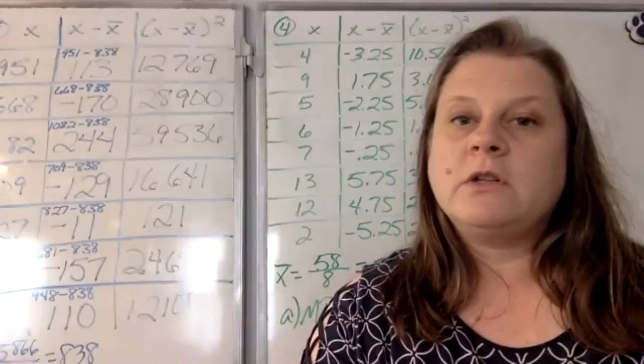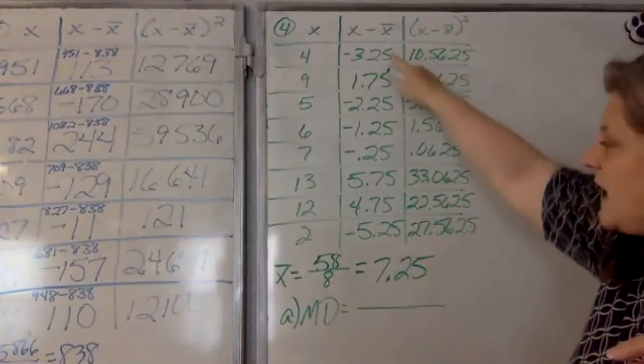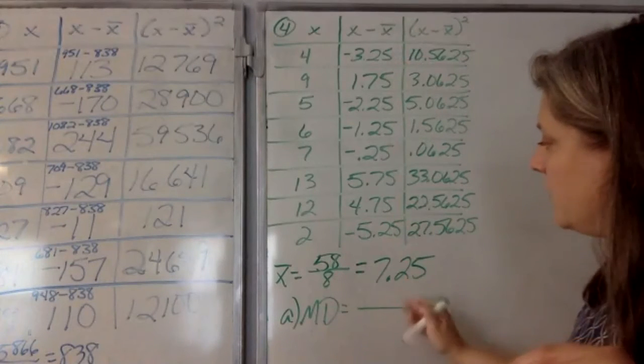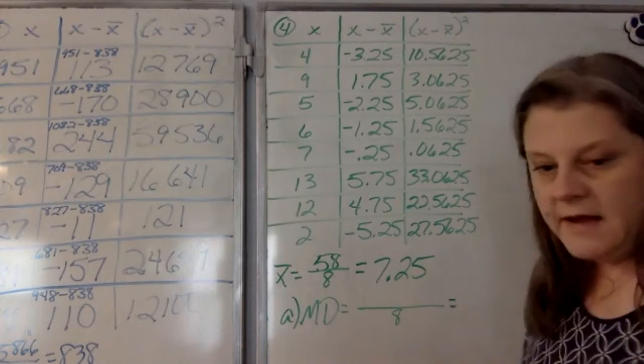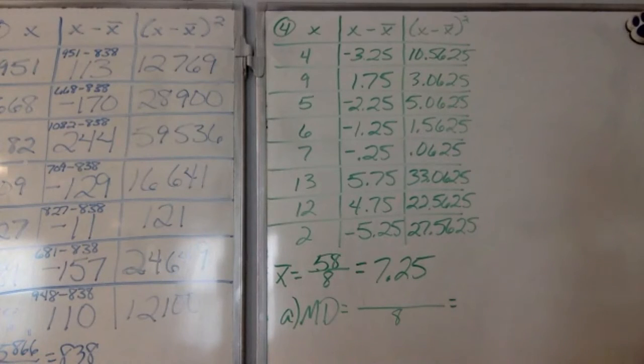So all of them are positives. When you go to do this, you just add all these up, that goes on top, and you divide it by the 8 on the bottom. So that's going to be our mean deviation. I got 24.5.